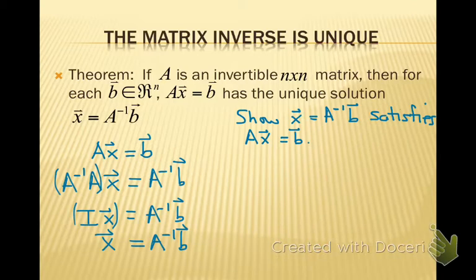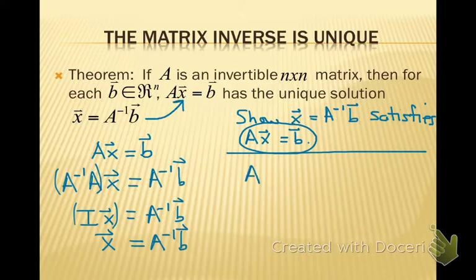As part of this theorem, I'm going to verify that x equal to A inverse B is actually a solution to AX equal to B. To do that, we do the same thing that we do in algebra, and that is we substitute into our matrix equation our solution for x. So we get A times A inverse times B should give us B on the right-hand side.